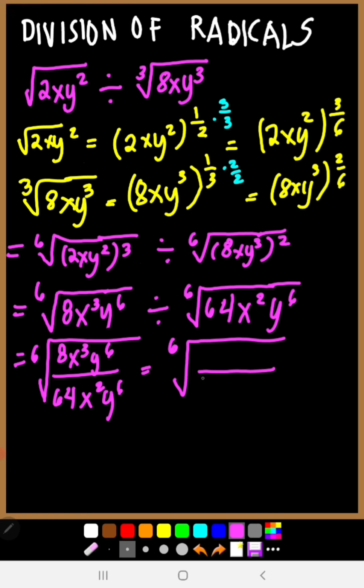Diba? Tapos, x cubed, tsaka x squared, x. Tapos, y to the 6th, so that will cancel. Diba? Okay. So, matitira is, we have 6th root of x over 8.